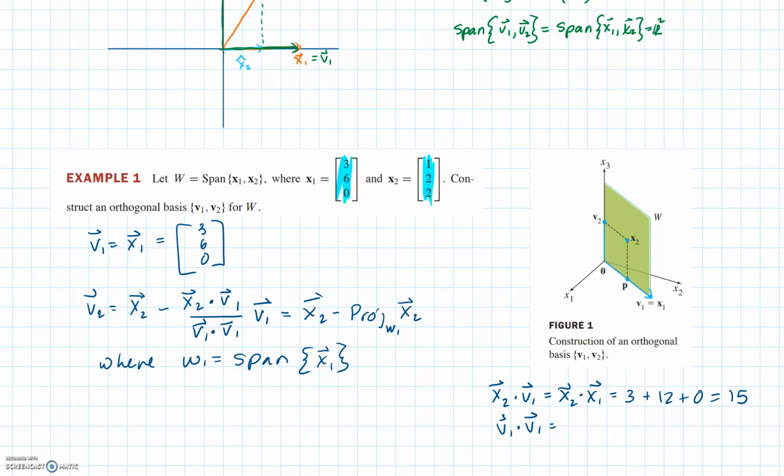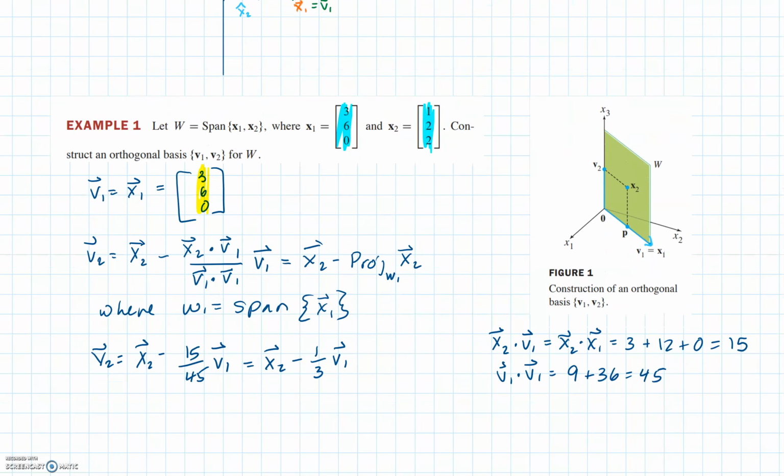And V1 dotted with V1 is going to be 3 squared, which is 9, plus 6 squared, which is 36, which is 45. So V2 is going to be x2 minus 15 over 45 V1, and reducing that we get 1/3 V1.